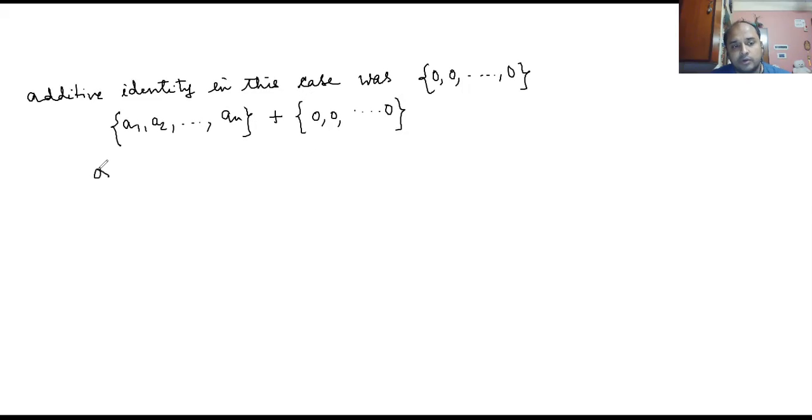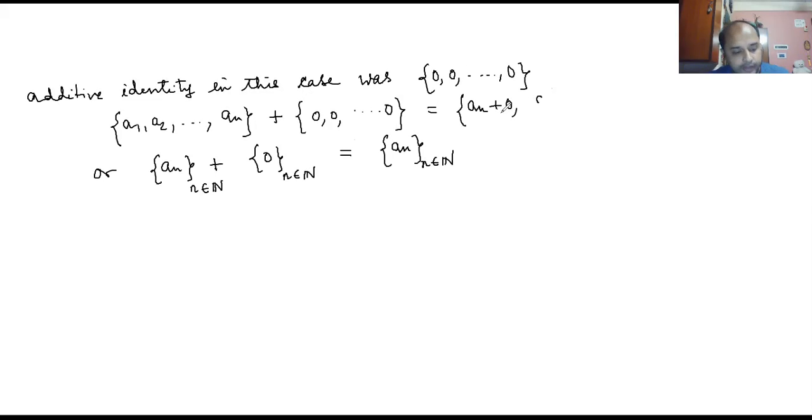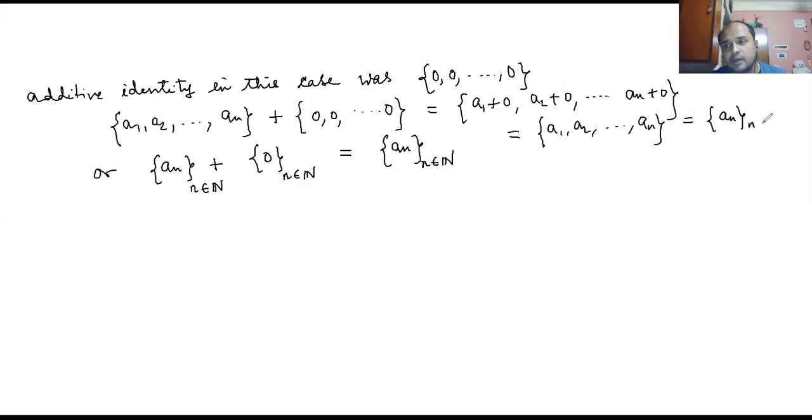Or I simply wrote it in this manner for simplicity, n belonging to capital N. Or you can write it explicitly: A1 plus 0, A2 plus 0, dot dot dot AN plus 0, which is equal to A1, A2, dot dot dot AN, or AN, n belonging to capital N.